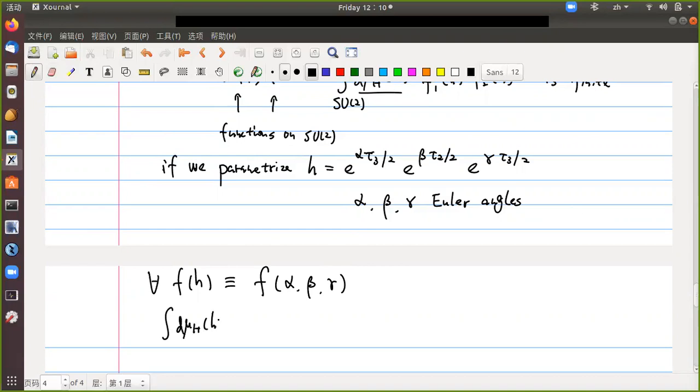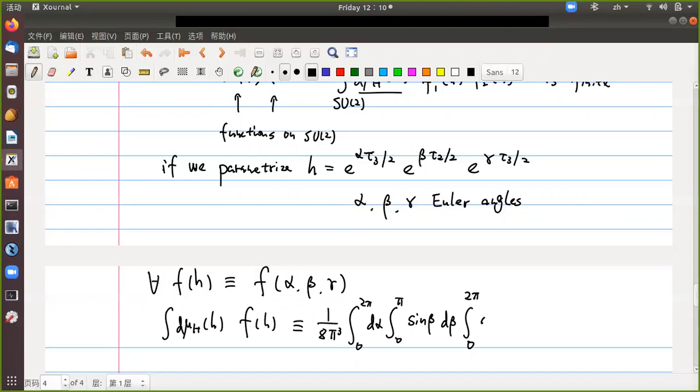Then the Haar integral of d mu h f h is 1 over 8 pi cubed, integral 0 to 2 pi d alpha, 0 to pi sine beta d beta, and 0 to 2 pi d gamma, f of alpha beta gamma.